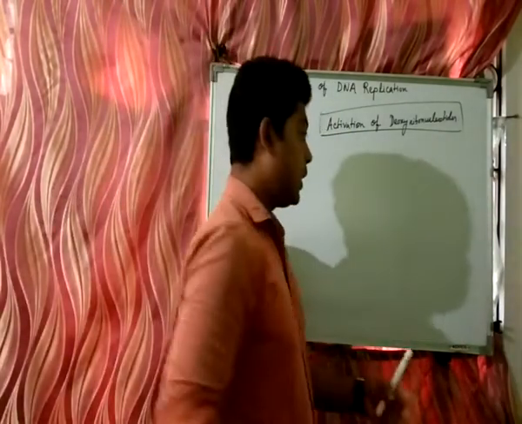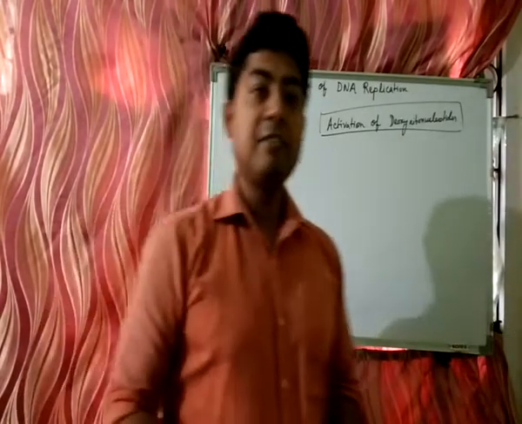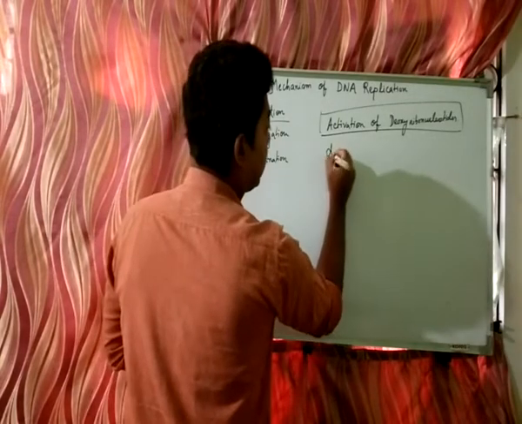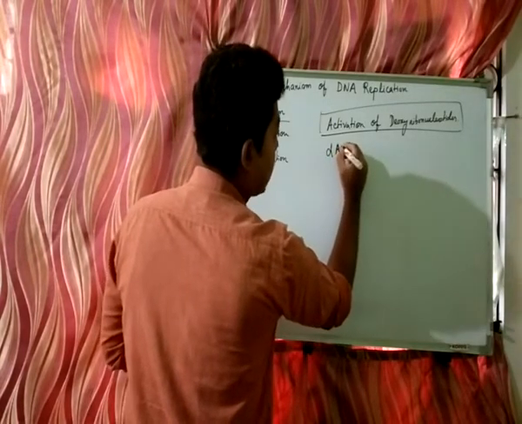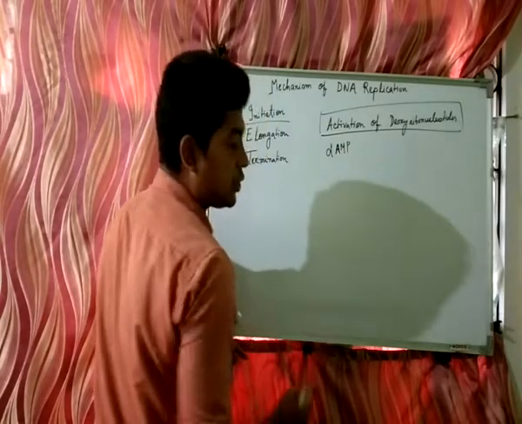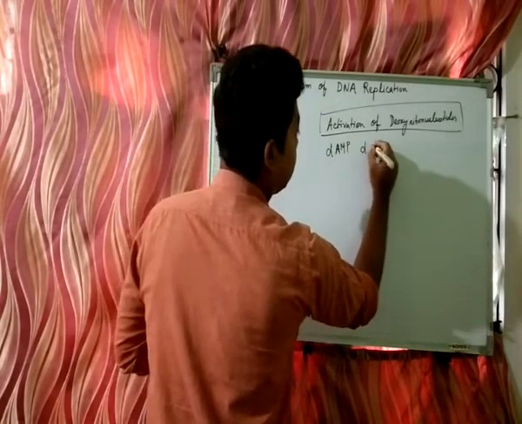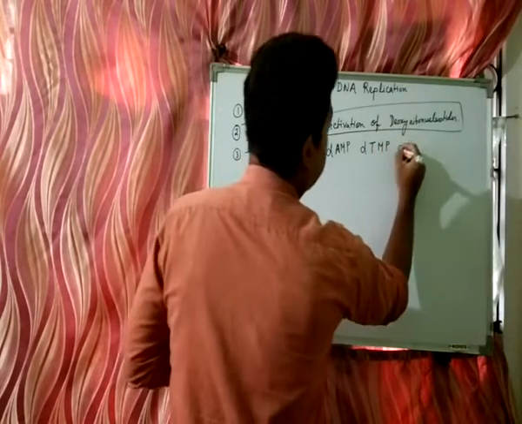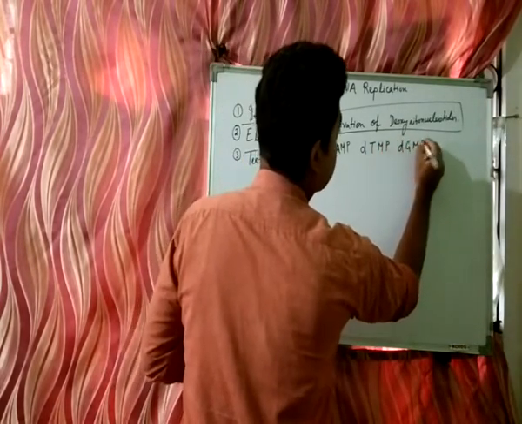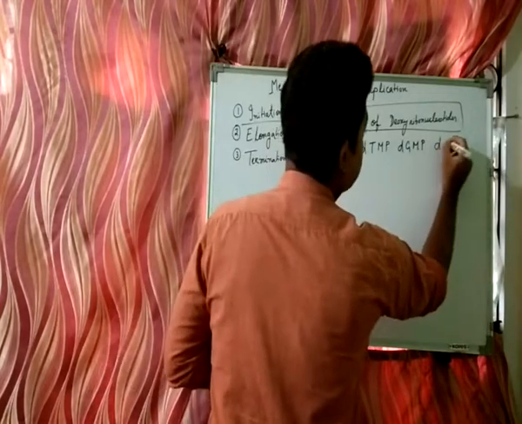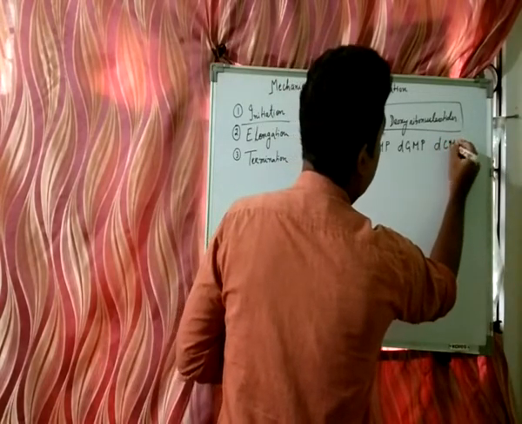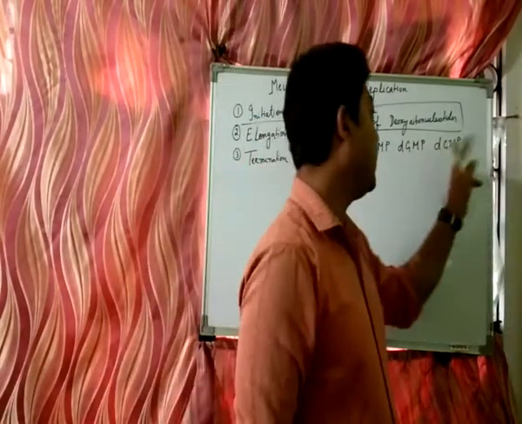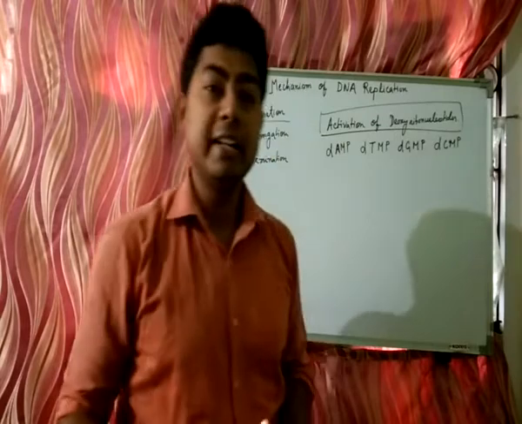For deoxyribonucleotides, we have four types of nucleotides: deoxyadenosine monophosphate, deoxythymidine monophosphate, deoxyguanosine monophosphate, and deoxycytidine monophosphate, that is dAMP, dTMP, dGMP, dCMP, meaning adenine, thymine, guanine and cytosine.